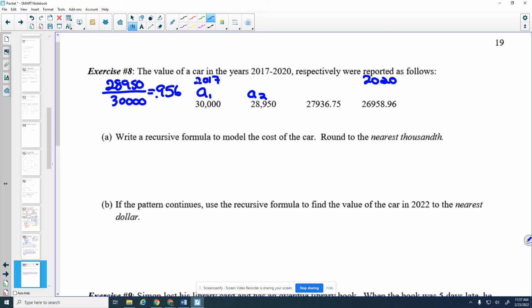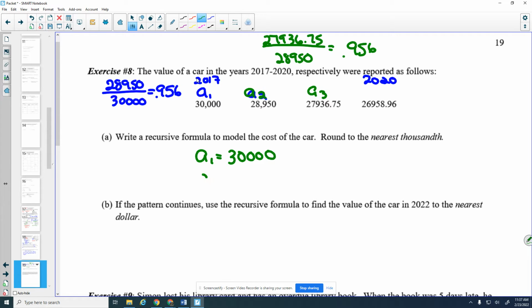So just to show one more, if I took the third term and divided by the second term, 6.75 divided by 28,950, I get approximately the same base. So writing a recursive definition, we are starting with 30,000. To get to the next term, I take the last term and multiply by 0.965.